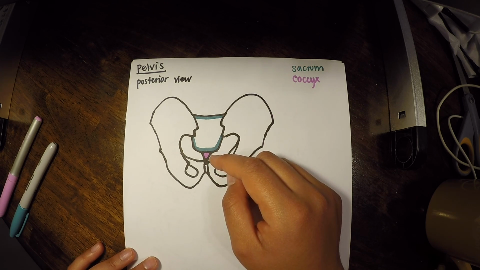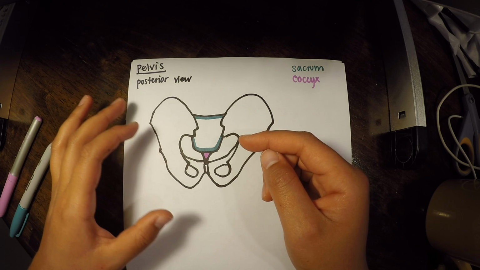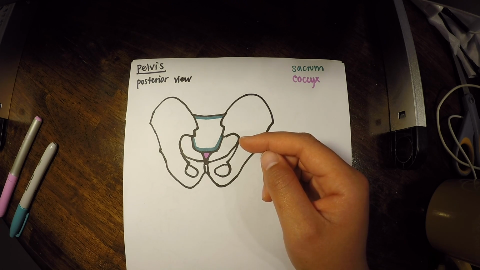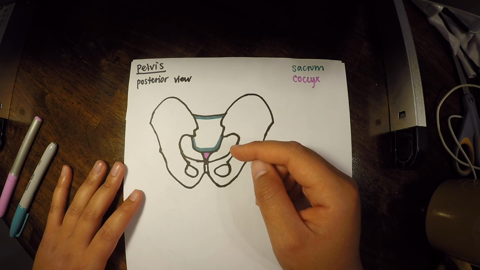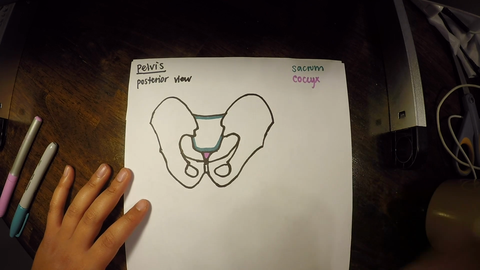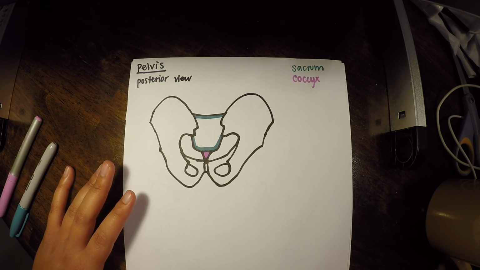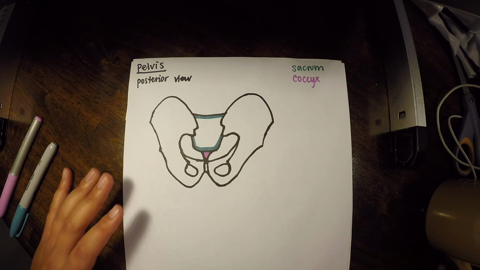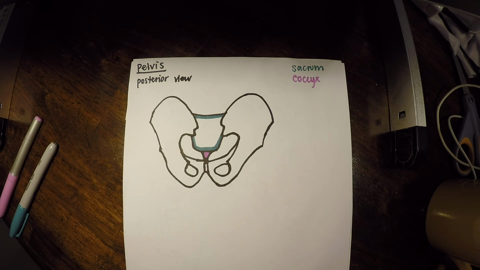So that can cause a lot of issues with bowel movements and everything as well. So that's why we're learning this anatomy: because we want to be able to use it clinically. Knowing these bony landmarks will help us determine if our patients have any alignment issues or any dysfunction there. It can help us really make sure we're treating them properly.